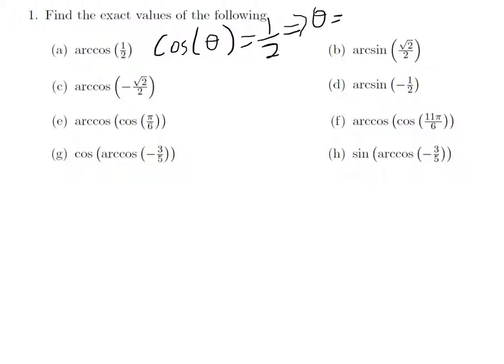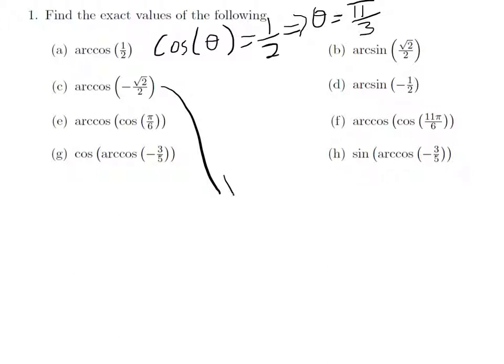theta equals pi/3. So arccosine of 1/2 is pi/3 because cosine of pi/3 is 1/2. Now if you plug a negative number into arccosine, the range of arccosine is from 0 to pi, so you will get an angle between 0 and pi.